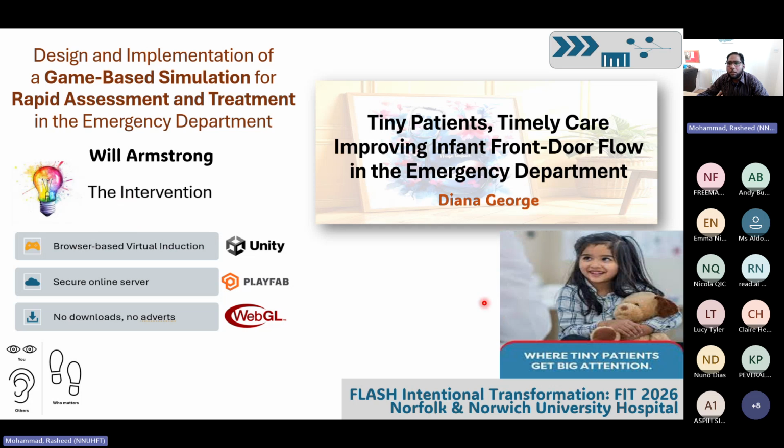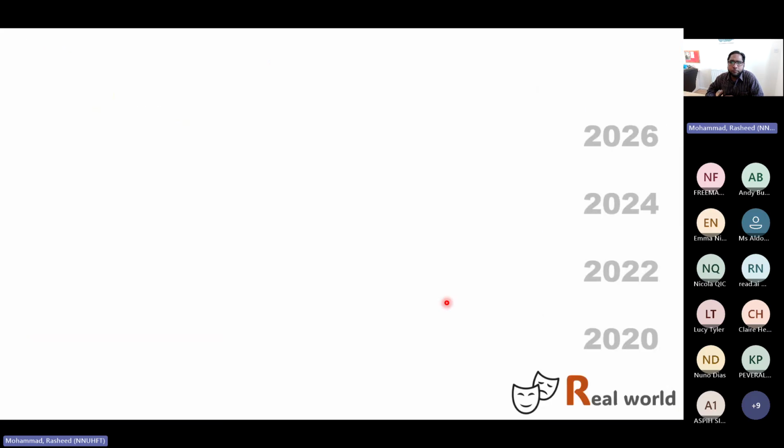So we are looking at the cognitive aspect of decision making for undifferentiated patients, be it unwell ambulance patients or children who are less than 12 months who are coming in an undifferentiated way, and how we make those decisions. So this new project, which is flash based, but also using the 7 intentions of transformative simulation, is what we are working on currently.